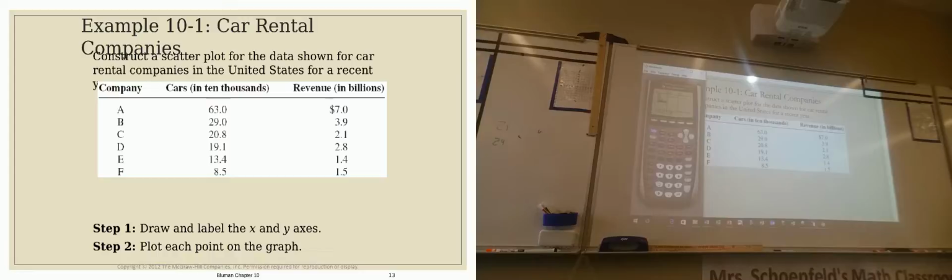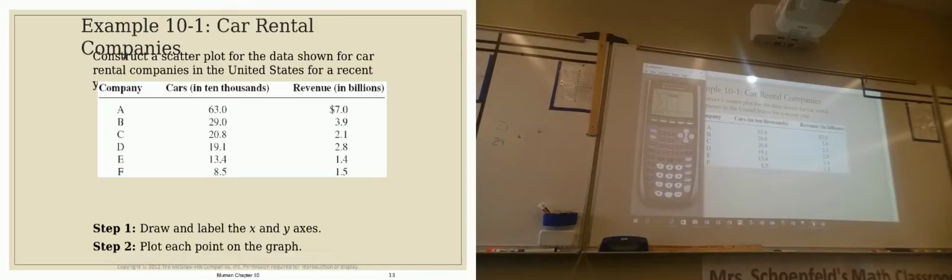19.1, 13.4. Yeah, or you can just use one of these if you wanted to right now. Okay. Because then I need to make sure my scatter thing is on. Yep.